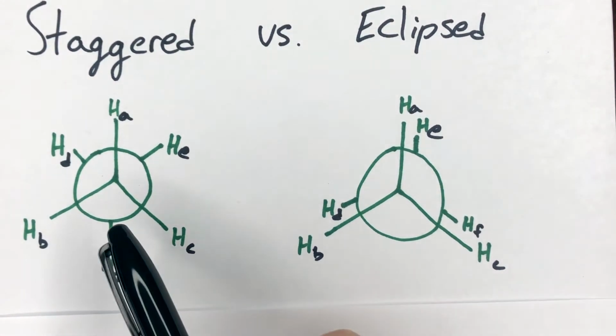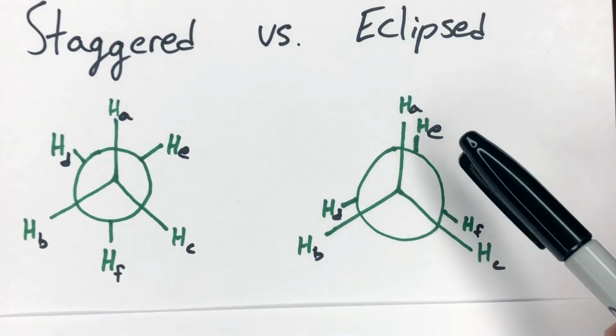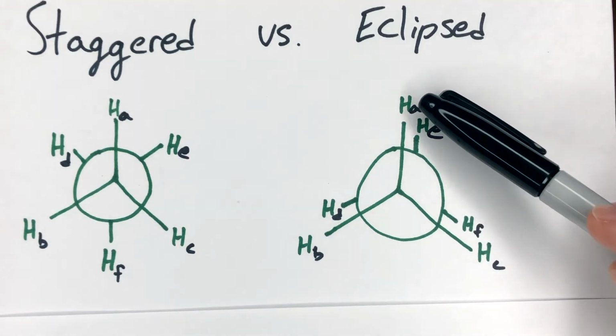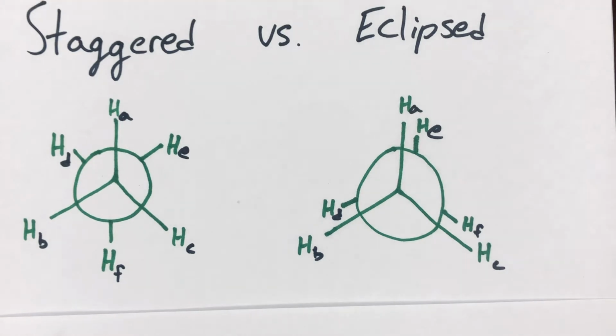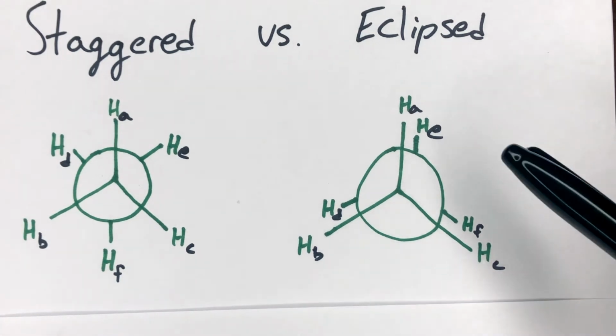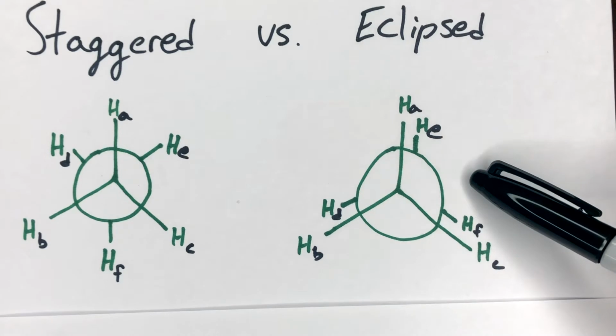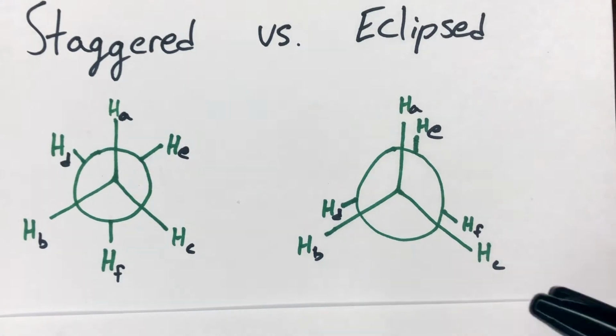This is favored versus the eclipsed, where now you have, for instance, hydrogen A and hydrogen E very close to each other, and there would be repulsion both from the bond and potentially from the atomic nucleus. So this is a sterically disfavored structure because, again, these hydrogens are very close to each other.